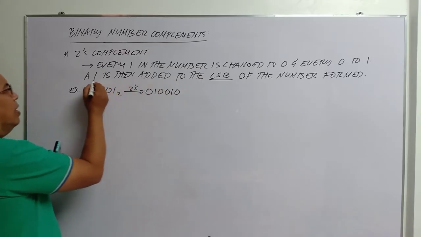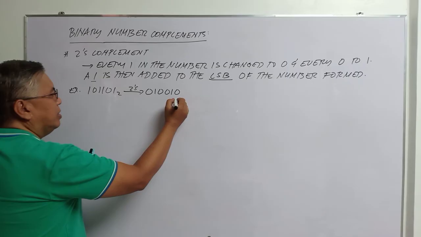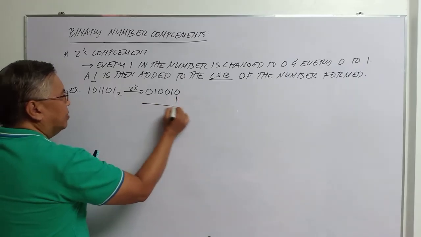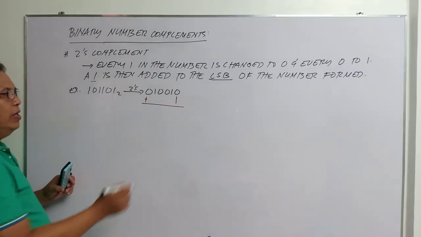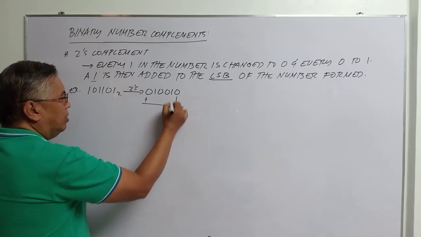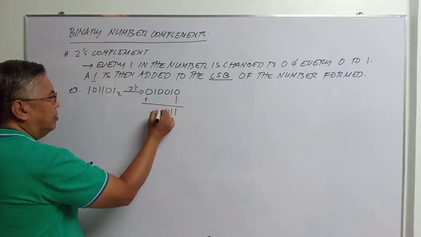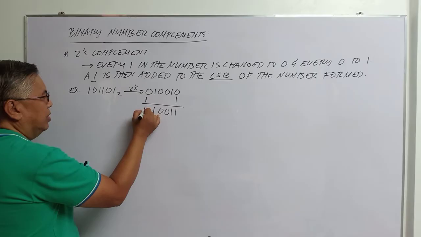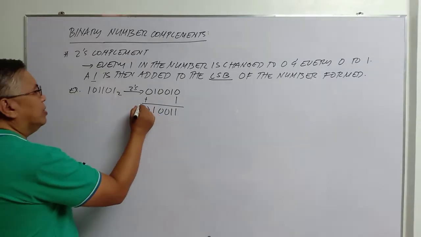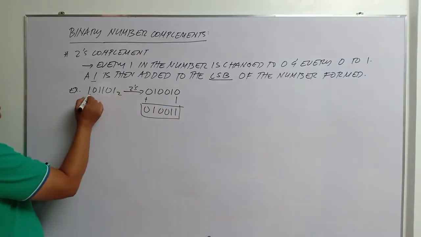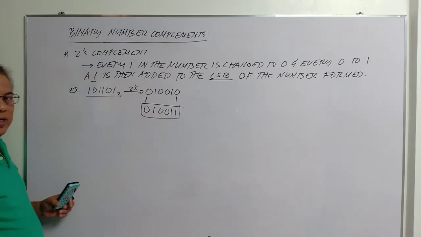And then a 1 is added to the least significant bit, so this will be 1, 1, 0, 0, 1, 0. So this now becomes the 2's complement of this particular number.